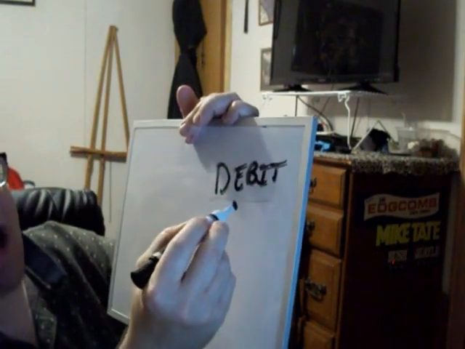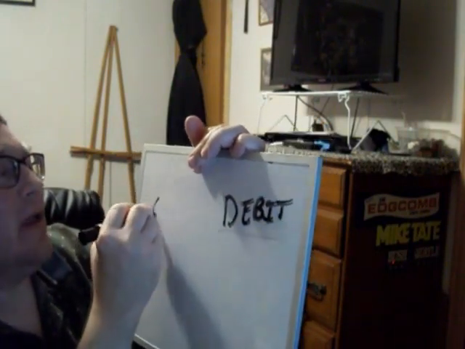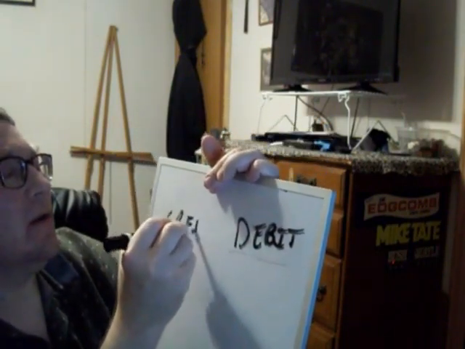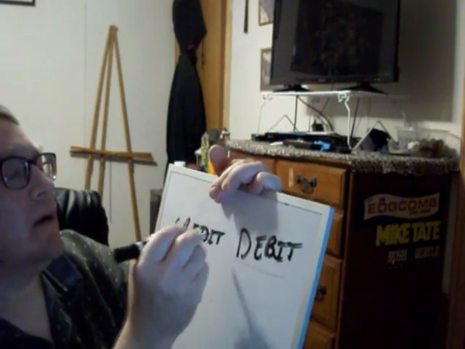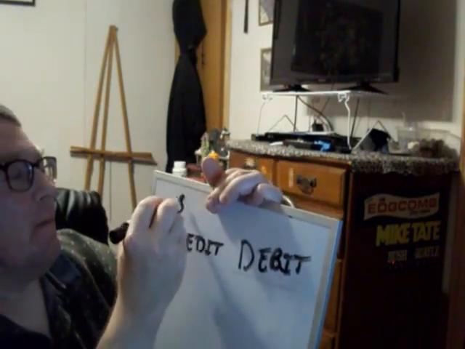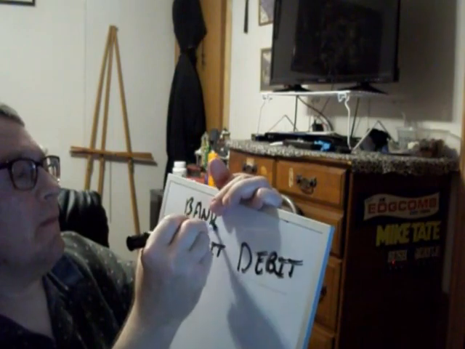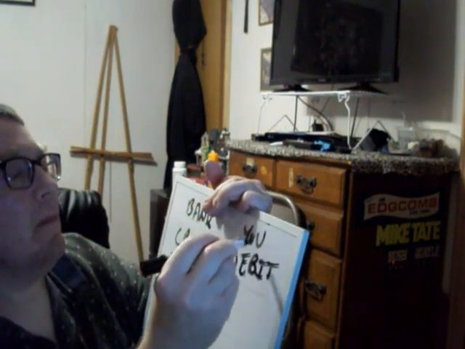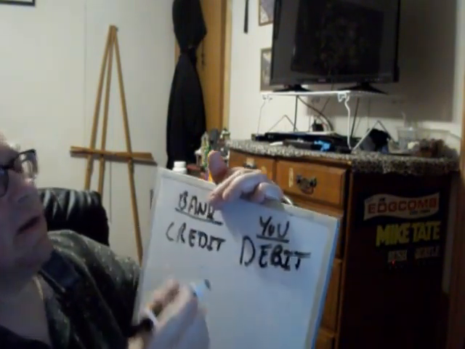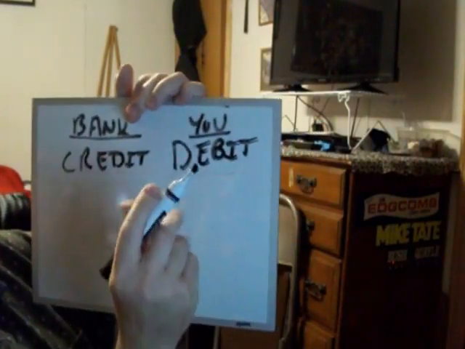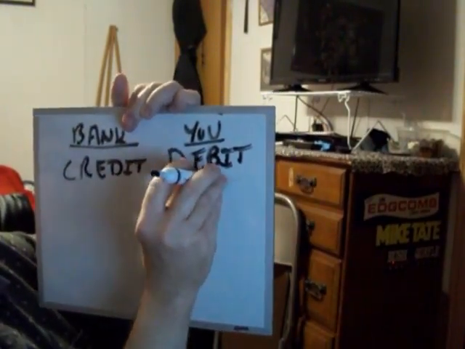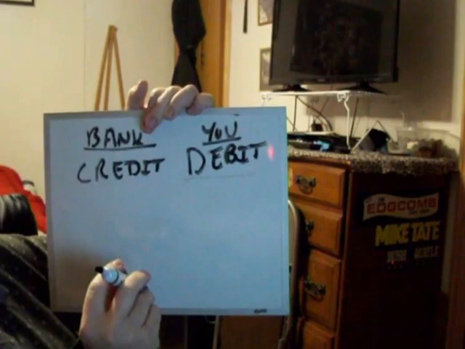To you, your money is a debit, because it's still your asset. To the bank, it's a credit. So what you consider a debit, which is money, to the bank is a credit.